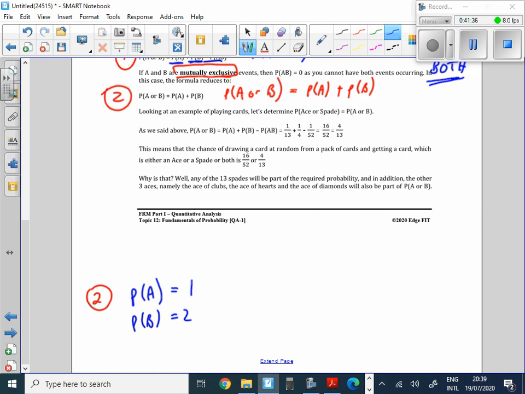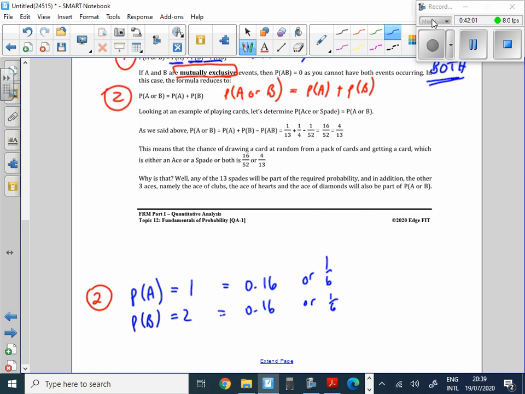Yes, I know there could be a C, D, E, and F, which is the rest of the numbers on the dice. I choose not to work with those right now. Now, the probability of getting a 1 on a dice is equal to, we worked out before, 0.16, or 1 out of 6. Probability of getting a 2 is also 0.16, or 1 out of 6. Those are my probabilities.